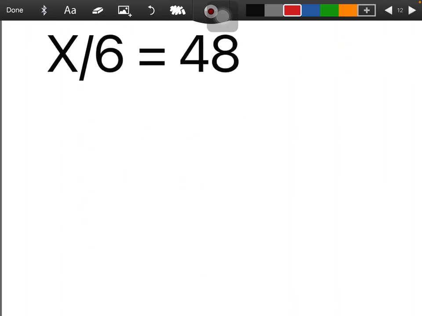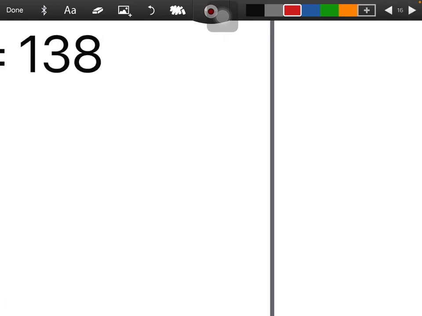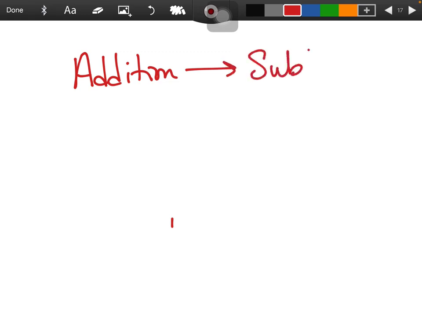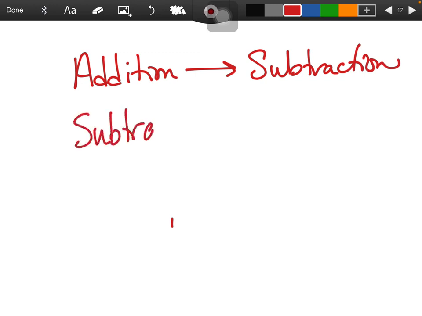You're going to do the inverse operation. Okay? So if I have addition, I'm going to do subtraction. If I've got subtraction, I'm going to add.